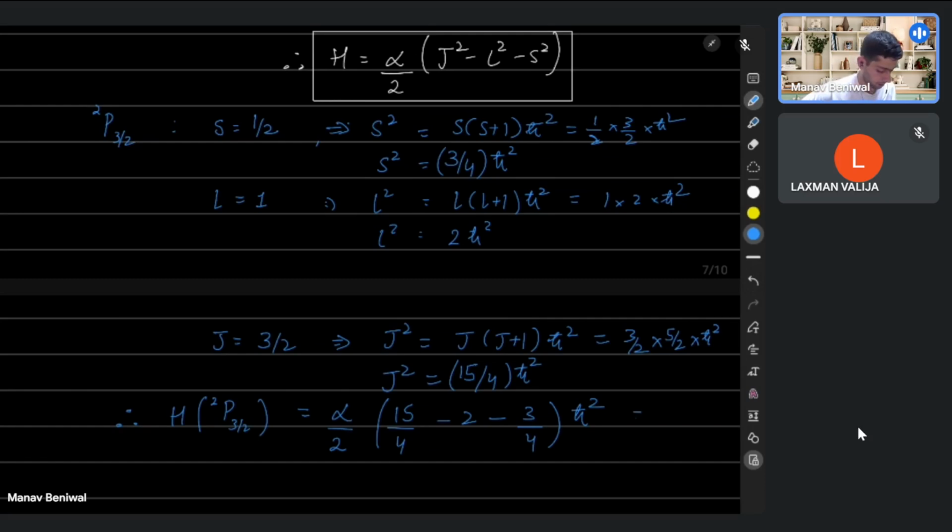So this simply becomes alpha h cut squared over 2.